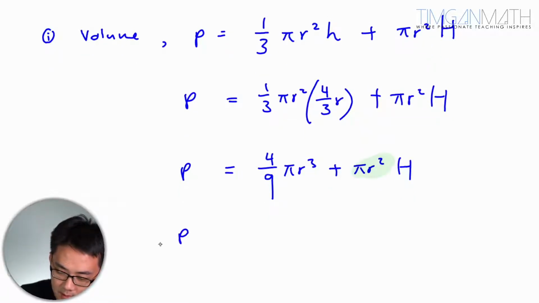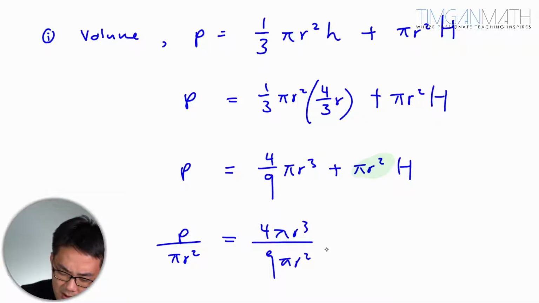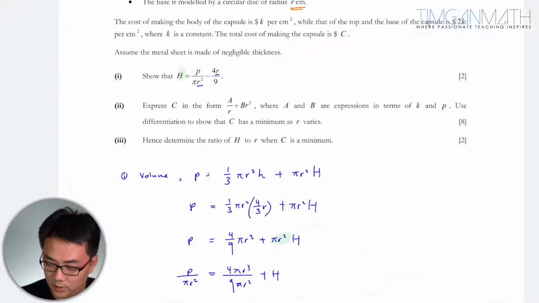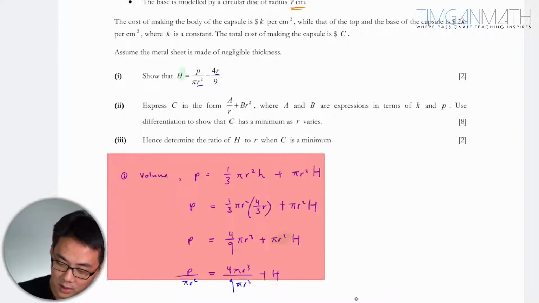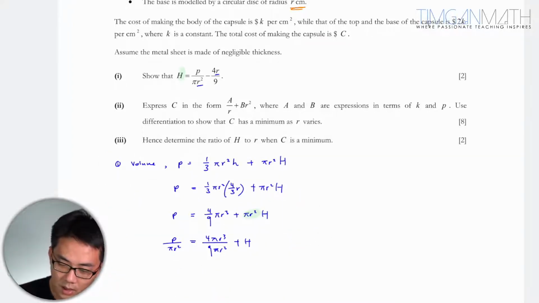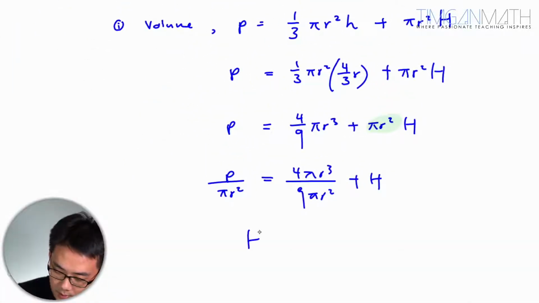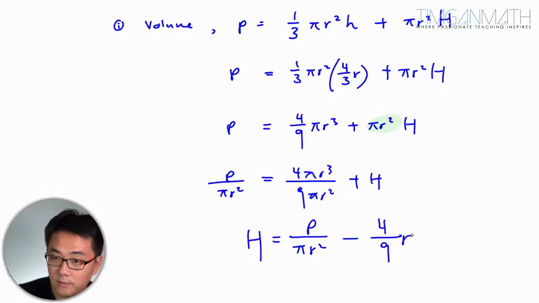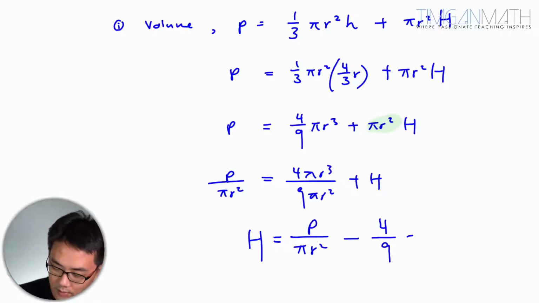So this is P over pi r square, equals 4 pi r cube over 9 pi r square plus H. Very quickly we can deduce what H is. H will just be P over pi r square minus 4/9 r. They want the r above, so just leave it as such.